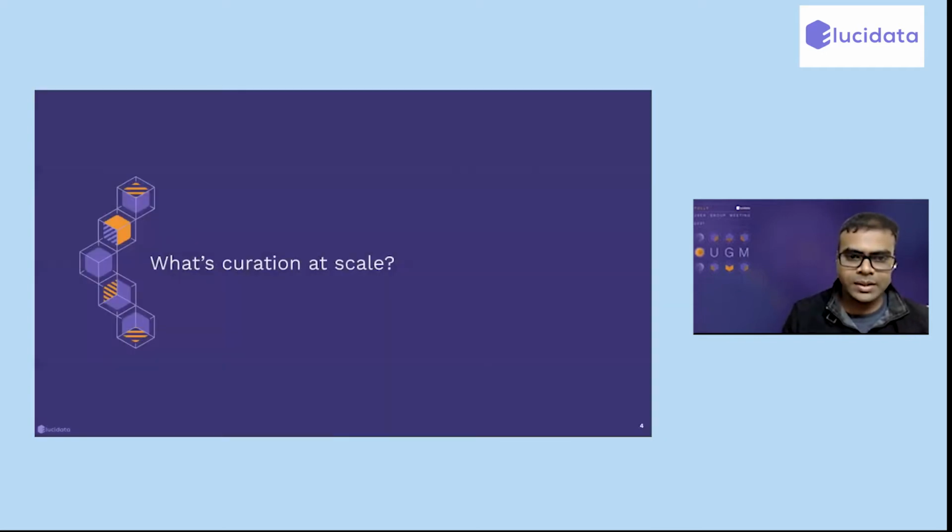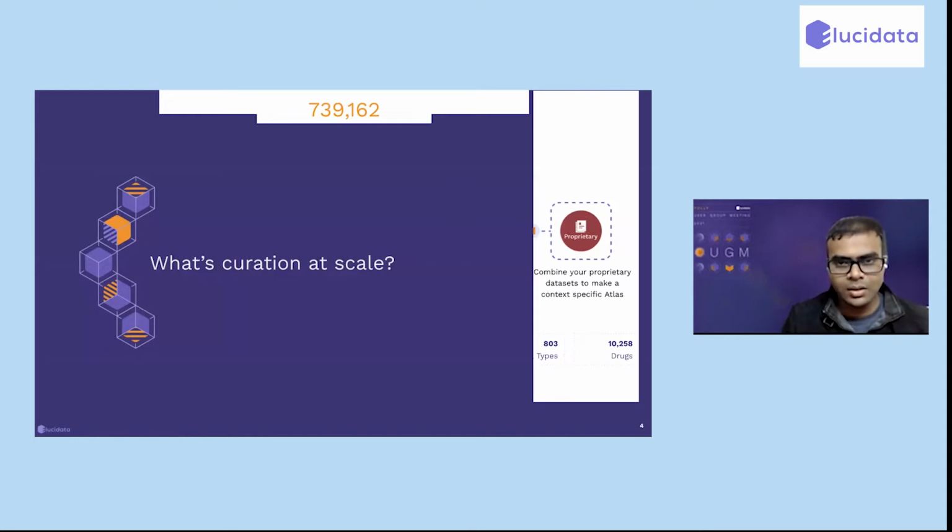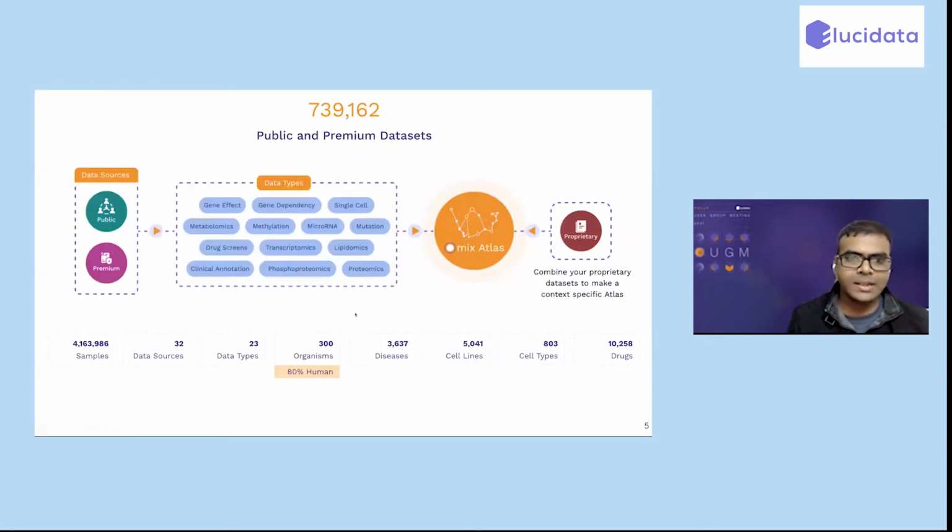First, let's talk about what we mean when we say curation at scale. This is the product of what curation at scale looks like. We have around 700,000 data sets on Poly, both public, premium, as well as proprietary data sets, and several different data types, and they have been curated to a similar level.